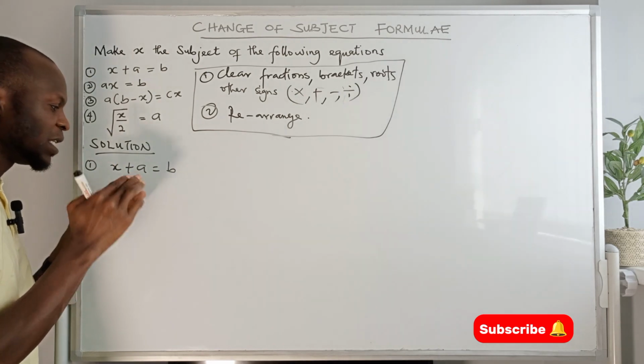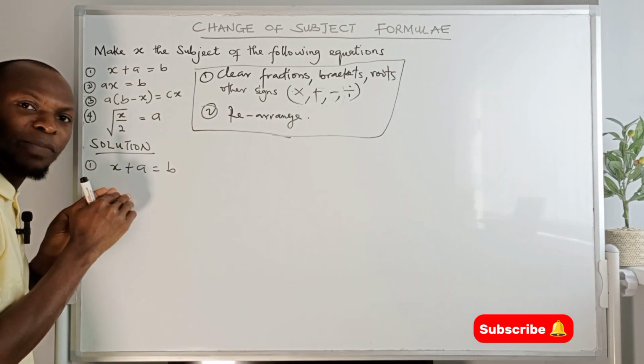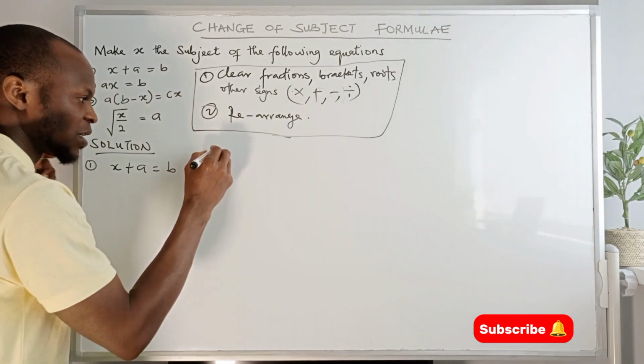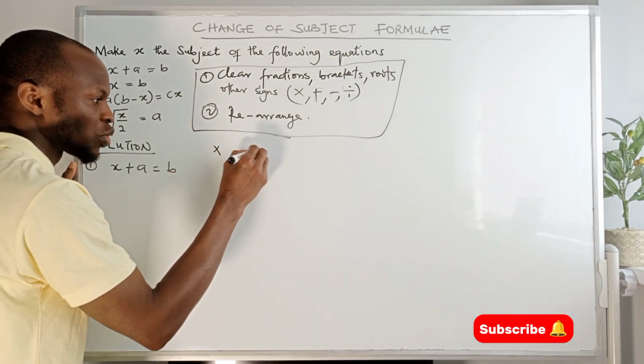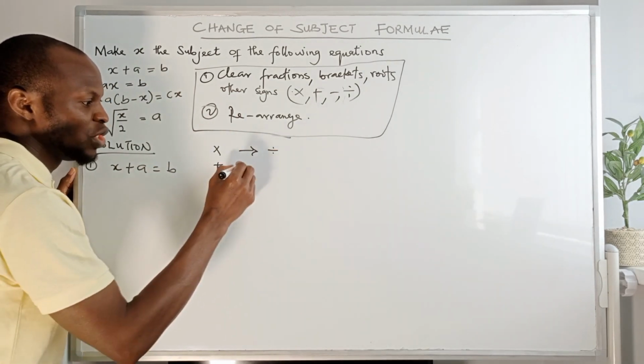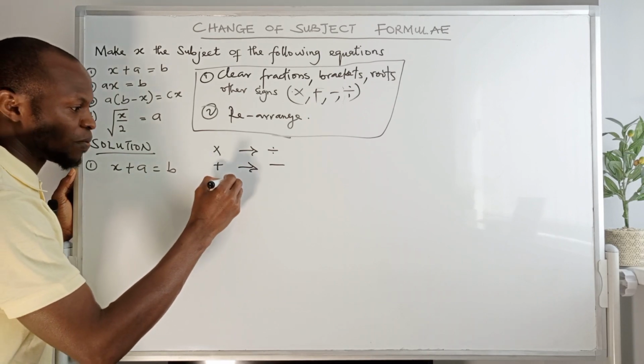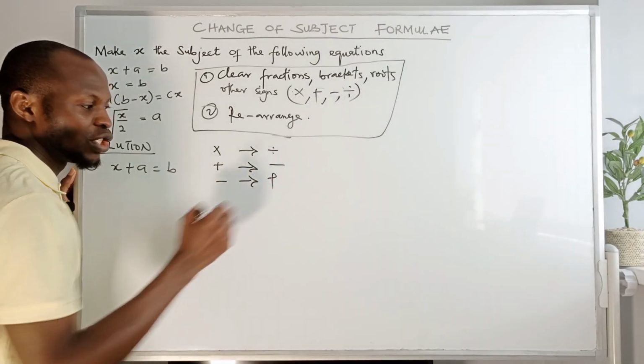The principle is, if what is attached to that x is by multiplication, you remove it by division. If it is attached by addition, you remove it by subtraction. If it is attached by subtraction, you remove it by addition.